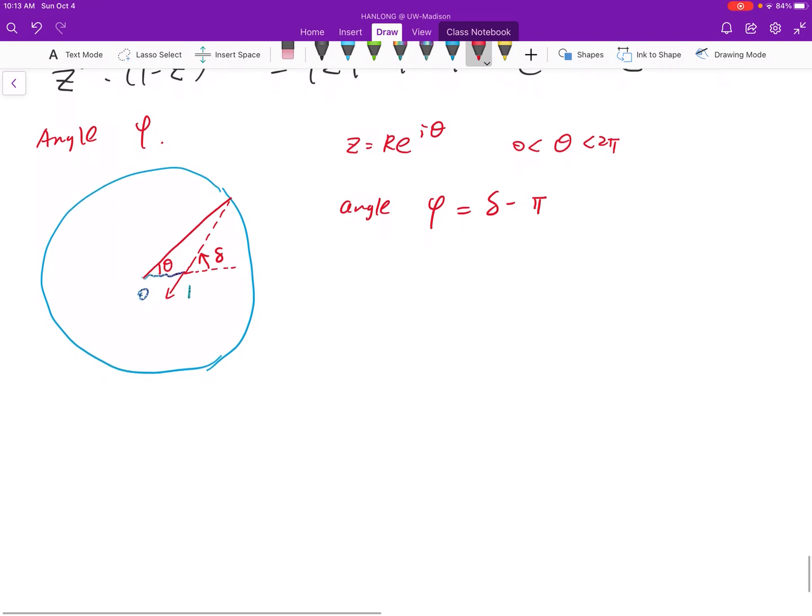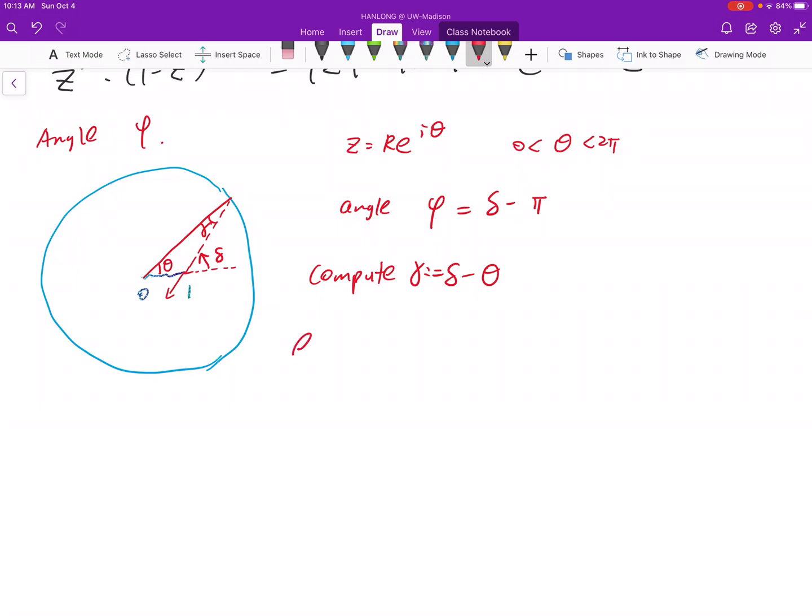Okay, then we can compute. So next we will compute the angle gamma equals delta minus theta. So this is gamma.